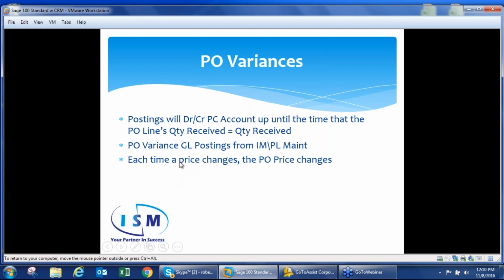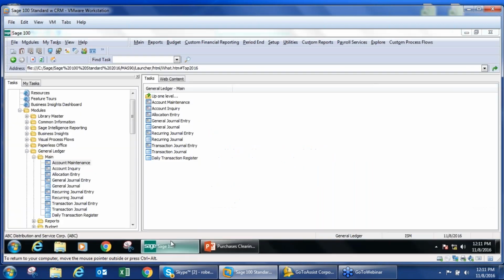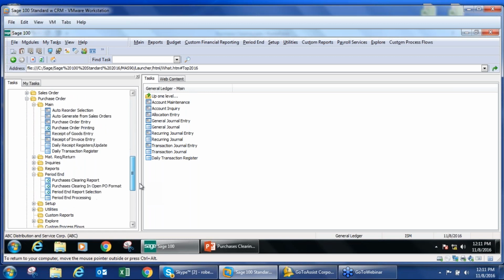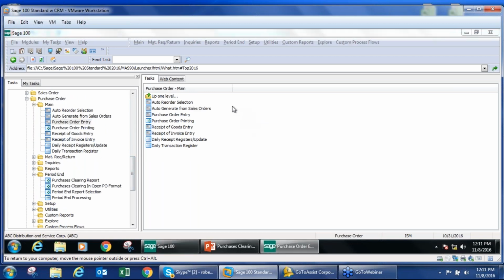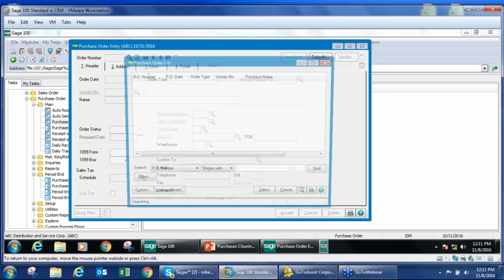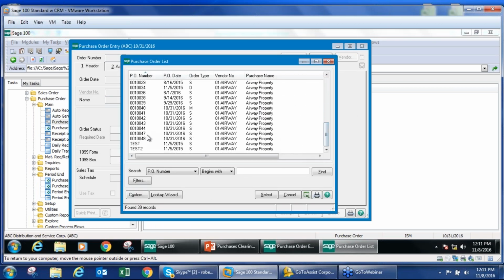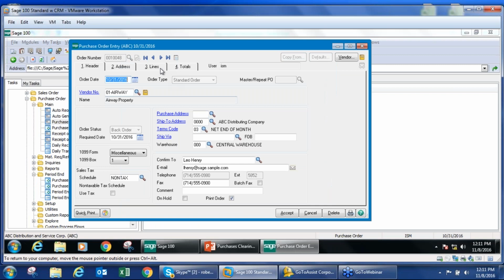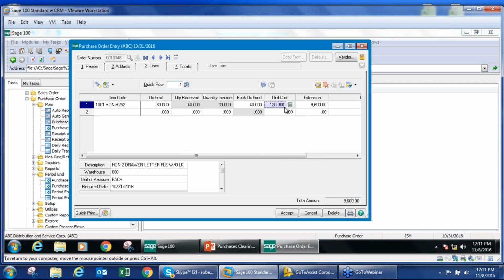And as we saw, every time a price changes, the PO price changes. So if we go back to our PO that started out at $100 and changed to $120, understand that the next time we do an invoice, Sage is going to default that invoice to $120.